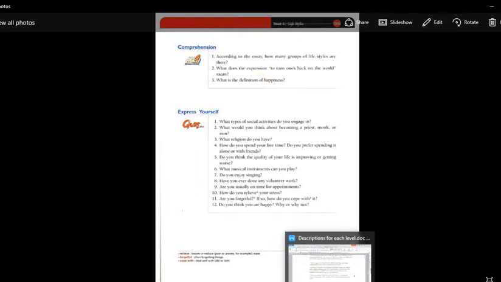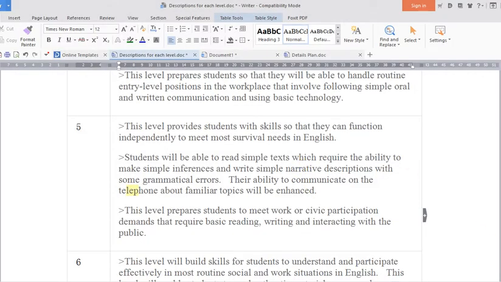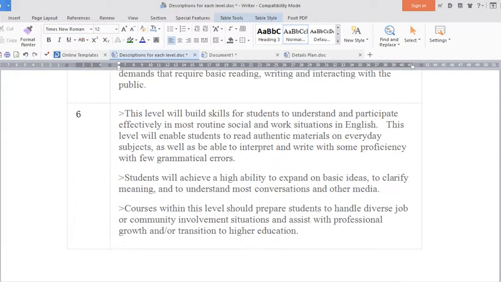Now for level 6, this level will build skills for students to understand and participate effectively in most routine social and work situations in English. This level will enable students to read authentic materials and everyday subjects, as well as be able to interpret and write with some proficiency with few grammatical errors.